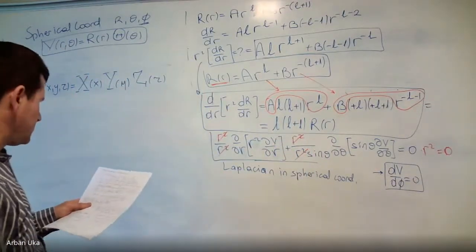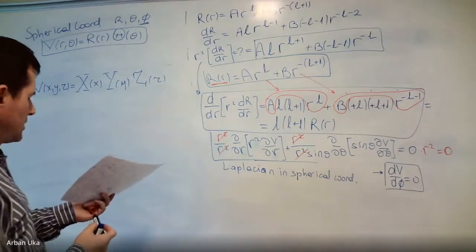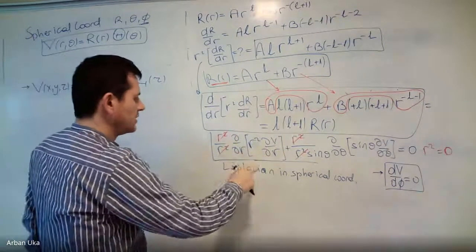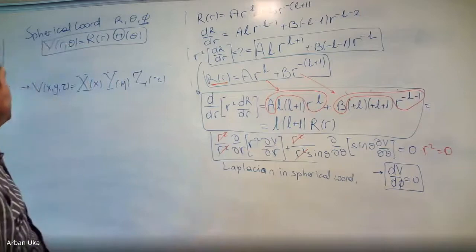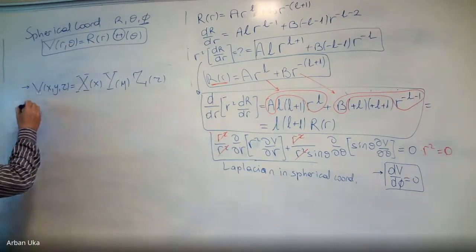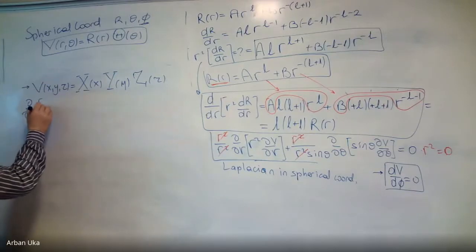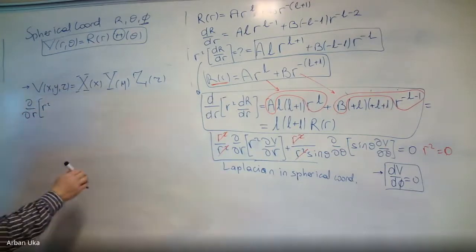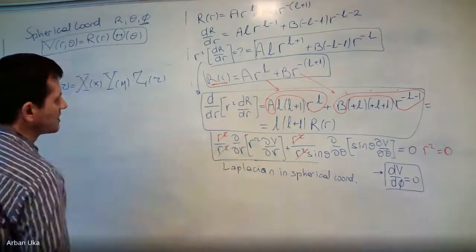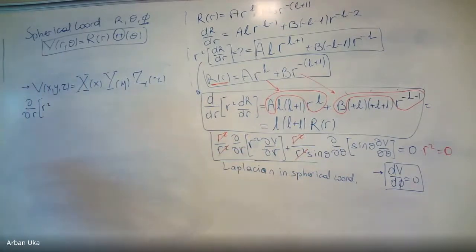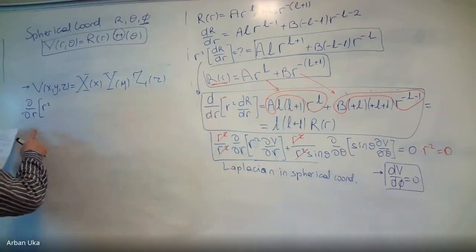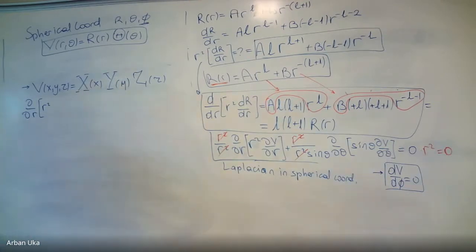So we can write it here, d over dr of r squared. Now, assuming that this is a separable function, we can obtain the following.